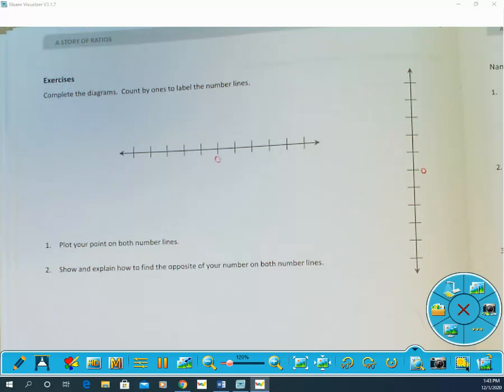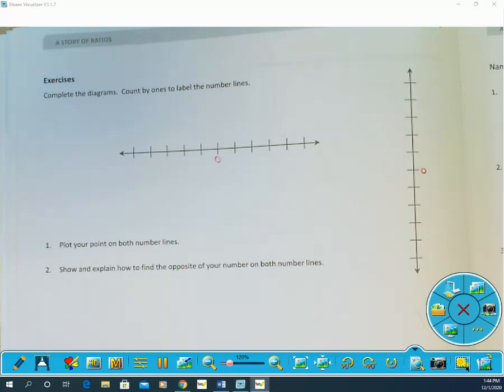I can use positive integers to locate negative integers by moving in the opposite direction from 0. I can understand that a set of integers includes the set of positive whole numbers and their opposites as well as 0. And I understand that 0 is its own opposite.